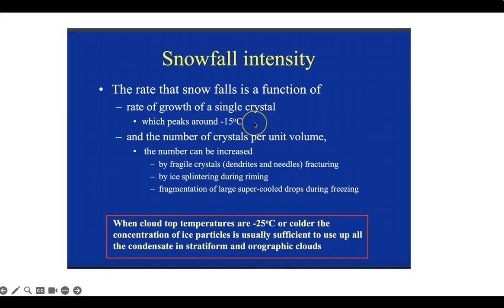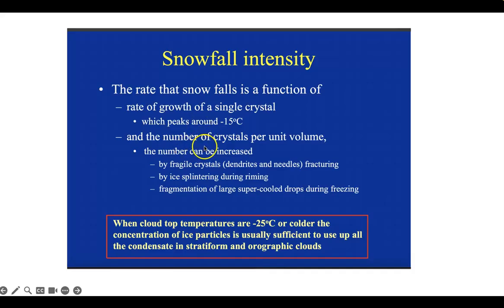I looked at the soundings for this storm, and the dendritic growth zone is lined up with the dew point line. So we are going to be seeing dendrites.